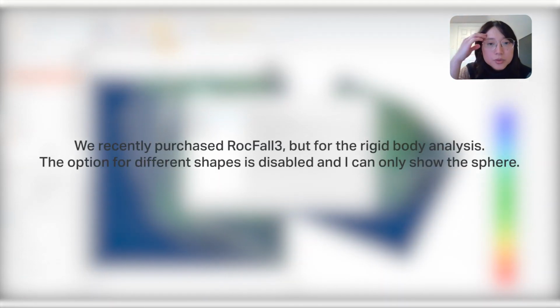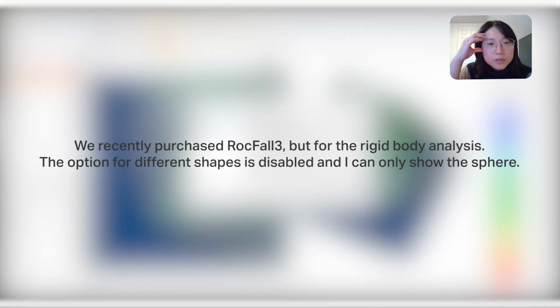We recently purchased RocFall3, but for the rigid body analysis, the option for different shapes is disabled, and it can only show the sphere. Yeah, so for versions 1.005 and earlier, the rigid body was for sphere. But with our upcoming release scheduled for next week, you will have access to the full 3D library that includes the regular polyhedra and extruded polygons.